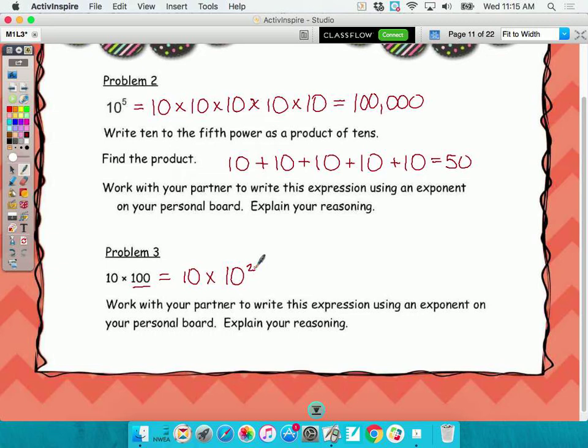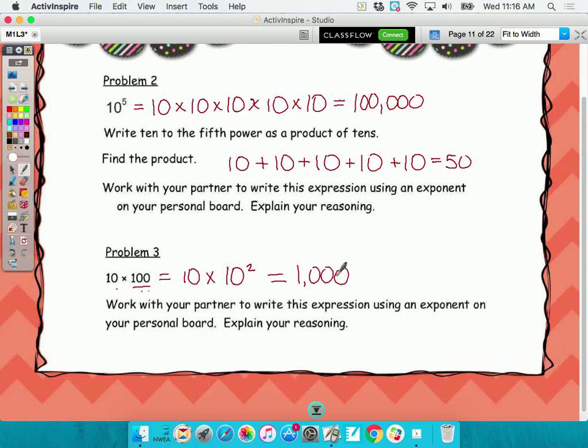Okay? Now what's the answer to this? I'm going to look at my actual problem to figure out the answer, and count 1, 2, 3 zeros. So what do we have here? 2,000. You're close. 1 times 1 is still 1, right? So 1,000. A 1 with 3 zeros.